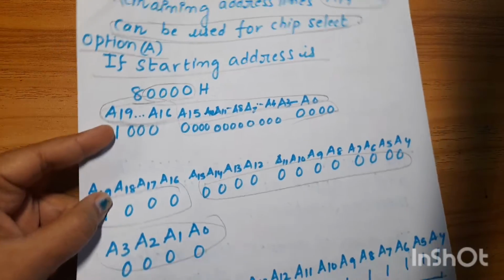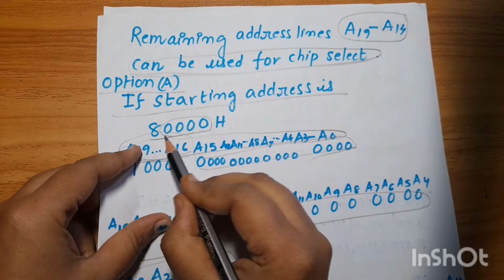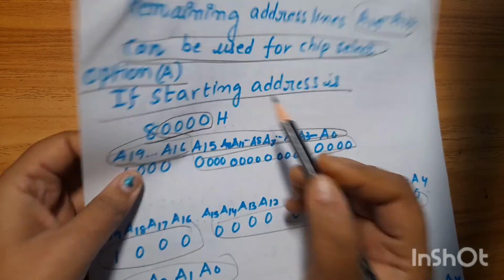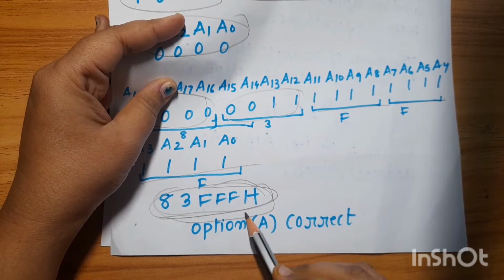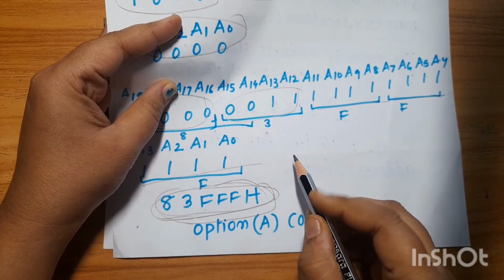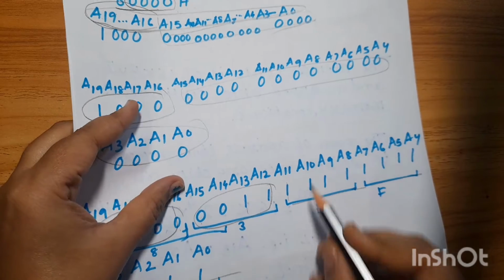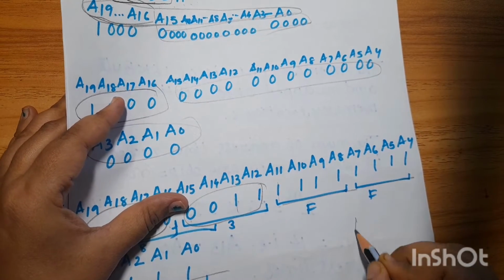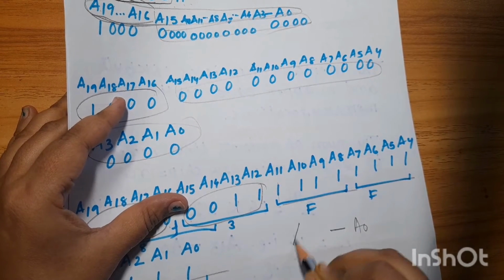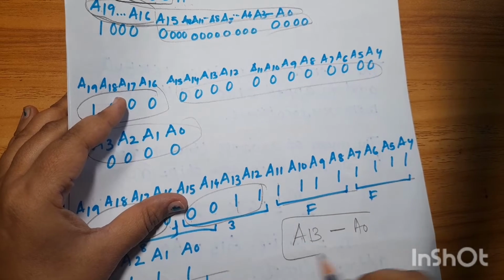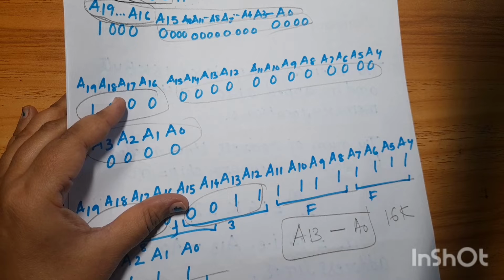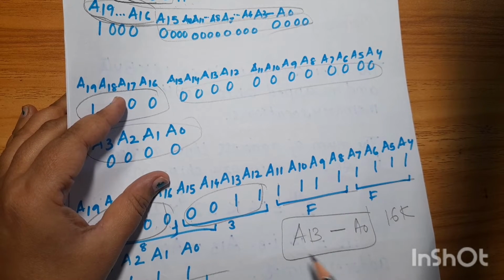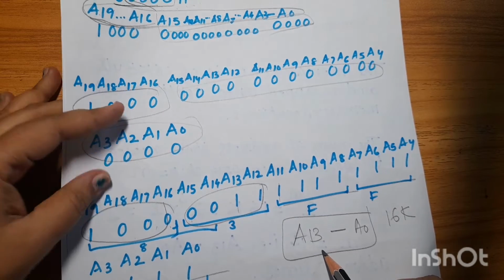Now for option A, the starting address is 8 followed by 40H and the ending address is 833FH. So please note that A0 to A13 are used to address 16 kilobytes of memory locations of the memory chip.